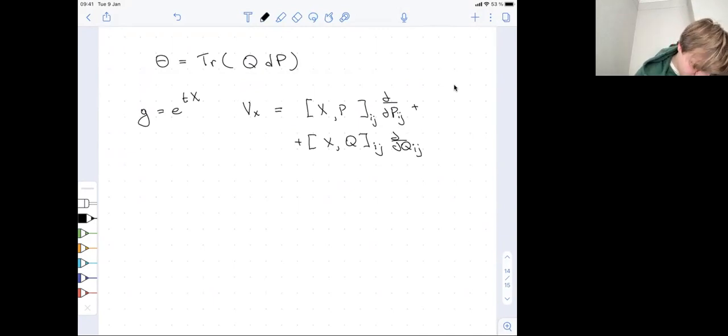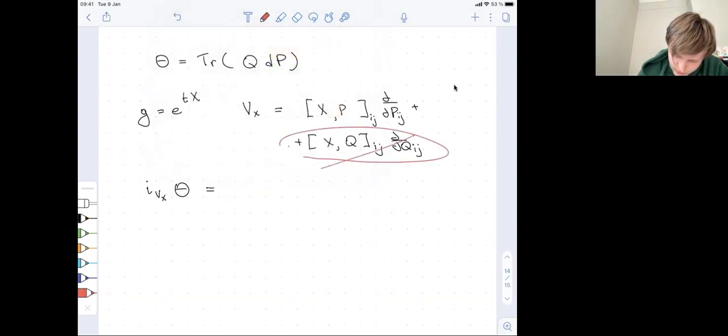Then when I want to insert this vector field in my Liouville form, what I obtain is the following. Since the Liouville form doesn't depend on dq, I can ignore this part of the vector field, obviously. So I don't need it.